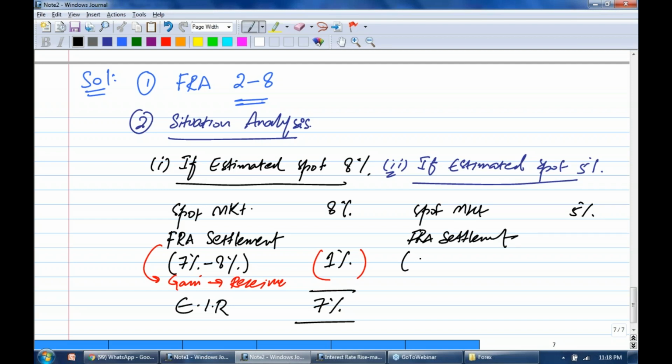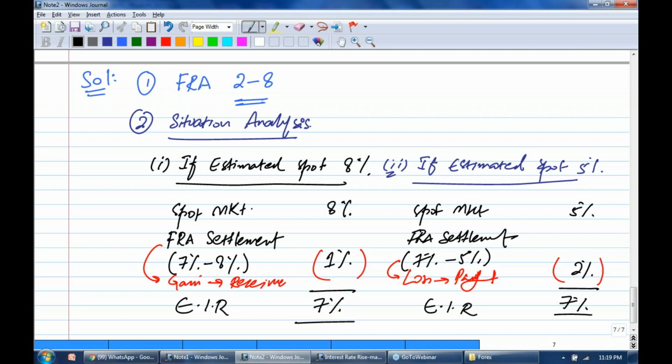FRA settlement, betted with 7% minus 5%. So in this case, actually loss happen. And this is a legal binding contract. We have to adjust, that is payment. 2%. And then effective interest rate 7%. This is the case.